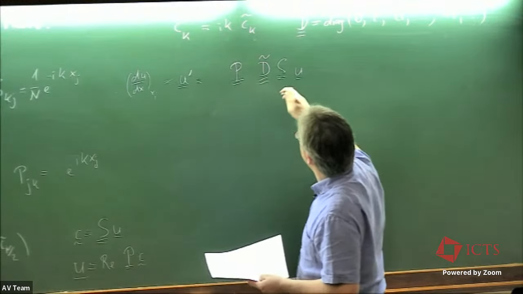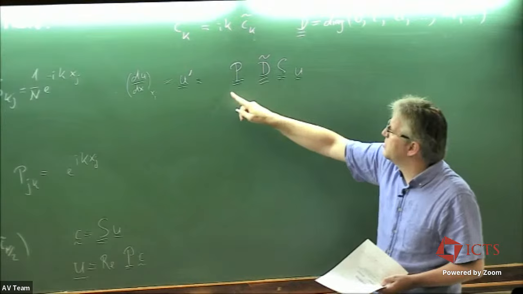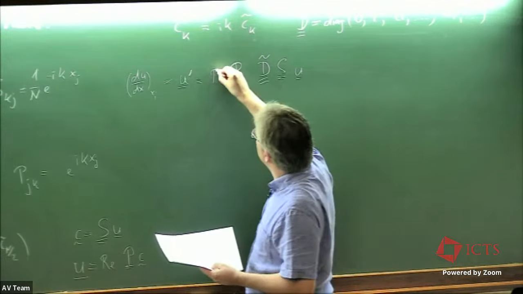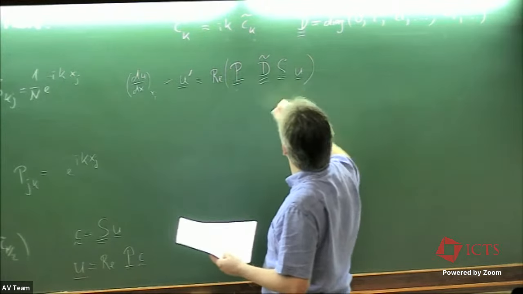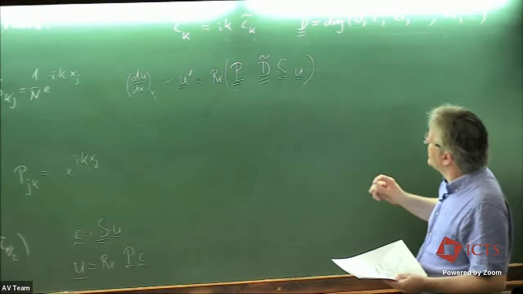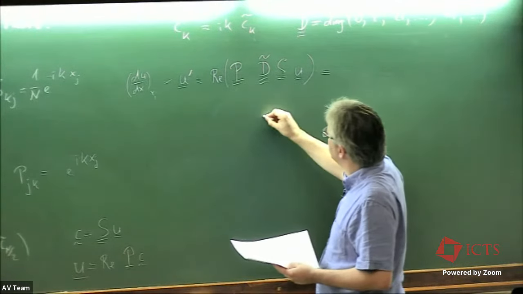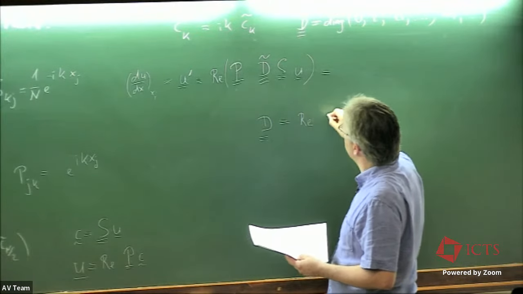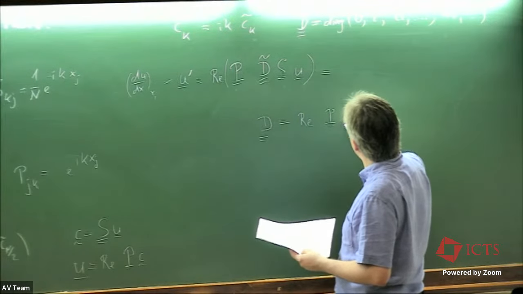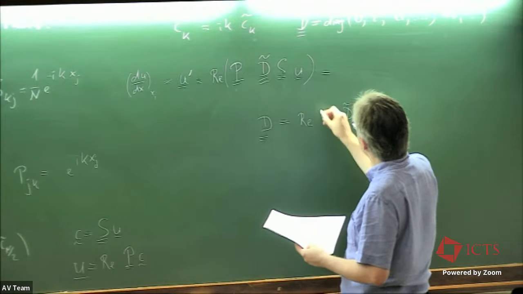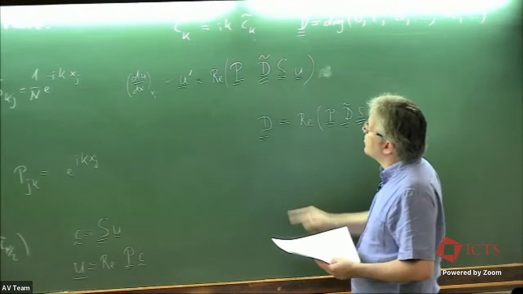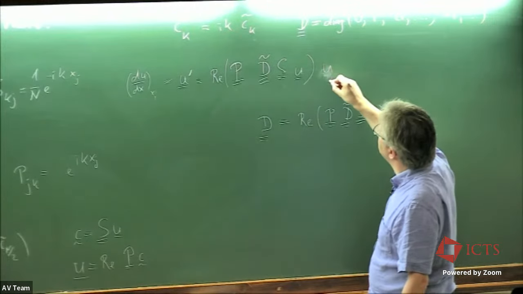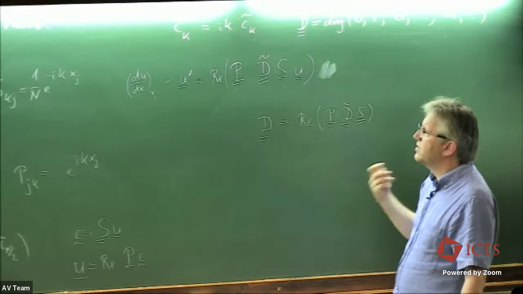By the way, the names: S I chose for spectral coefficients and P for physical space. And we need a real space here as well, because we are still doing a Fourier series. And if I now go one step further and define a real space matrix T as the real part of P times D times S, then this whole condition boils down to a single multiplication by this matrix to take derivatives.